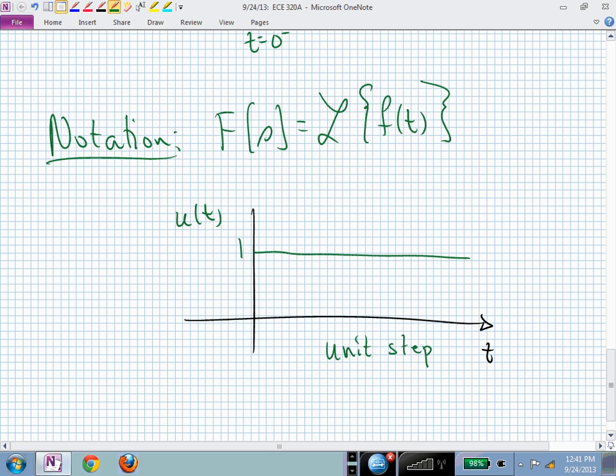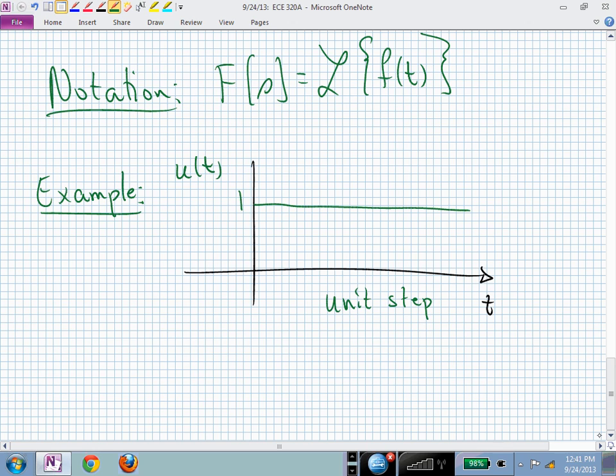We know what that looks like then in the time domain. That's pretty easy to think about, the unit step. And a lot of times we will actually use that unit step as a switch. When we're turning something on, we'll say multiply everything by the unit step, and that's like turning everything on. That's what that 0, 1 does, essentially.